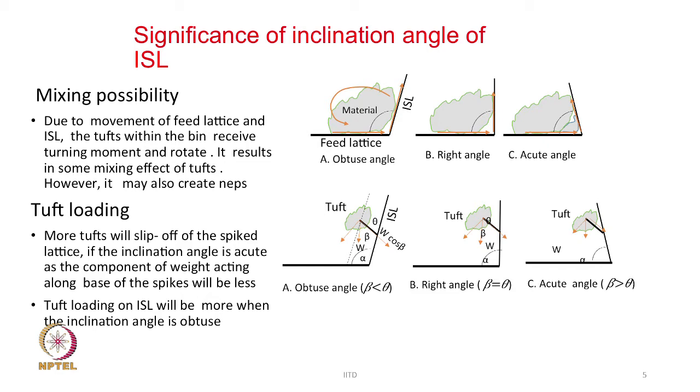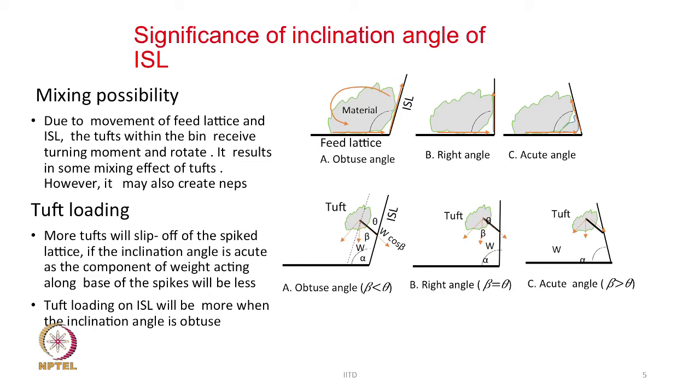One is let us look at it from the mixing possibility. There are a large number of tufts within the machine, and the entire mass of tufts is continuously rolling, because the feed lattice is moving and the inclined spike lattice is moving. So, this mass of material is in a rolling state, and therefore there is a chance of mixing of the tufts.